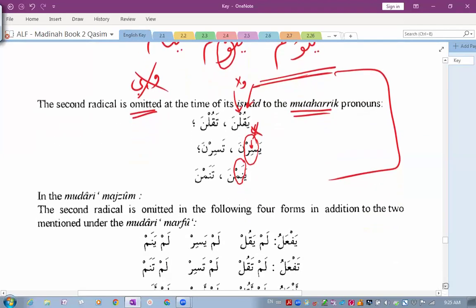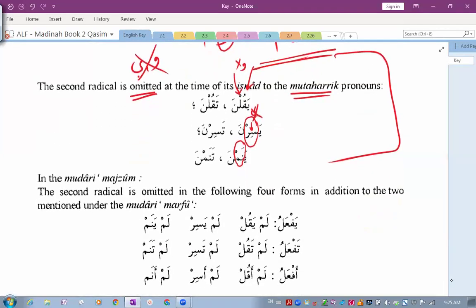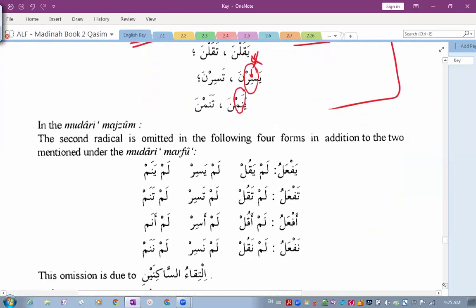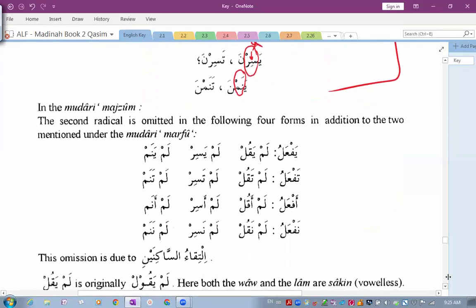So that covers our mudare. Now we see what if the mudare is majzoom. For example, let's say we have a lam before it, then the second radical is omitted in the following four forms in addition to the two, which we already spoke about, hunna and antunna, mentioned under the mudare marfu.